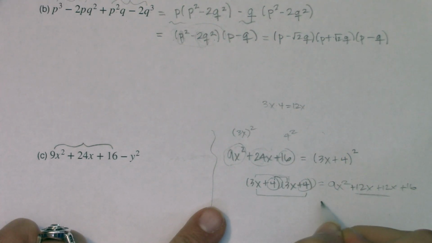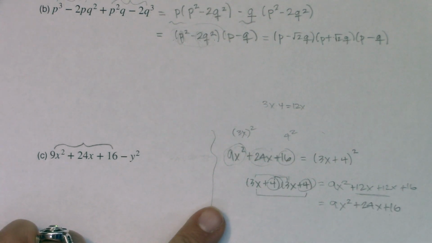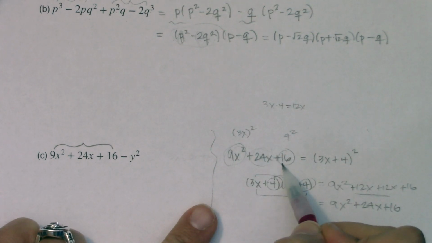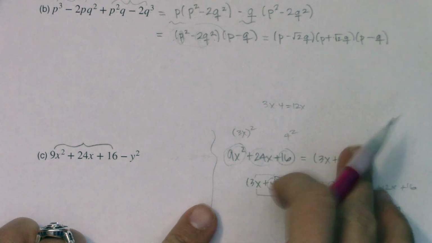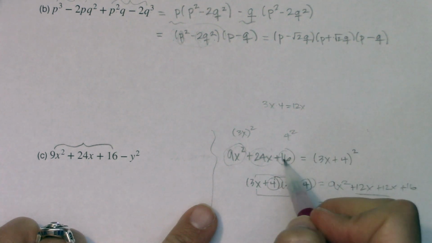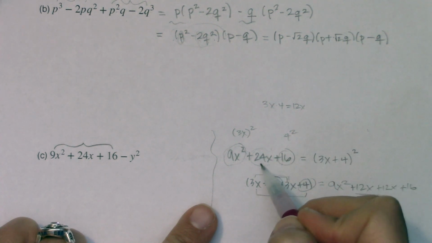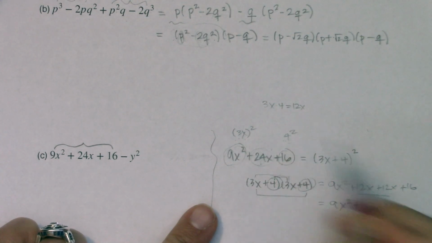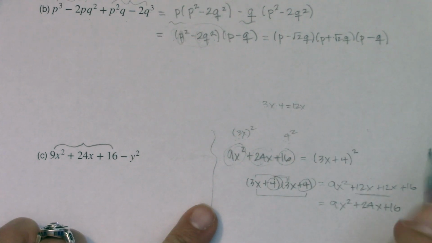But these are like terms, so that does get me to 9x squared plus 24x plus 16. All right, so this all comes with experience. Anytime I see 9s and 16s, spidey senses go off because those are perfect squares. And then I did notice that 24x is double that 3x and 4 multiplied together. So I'm like, oh, there's my perfect square trinomial.